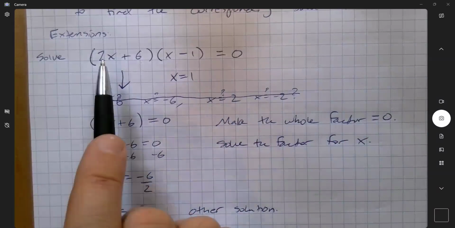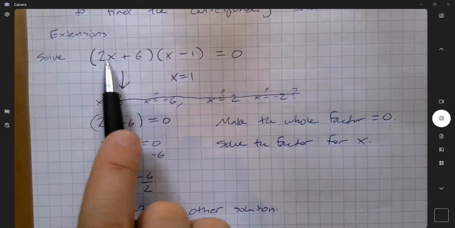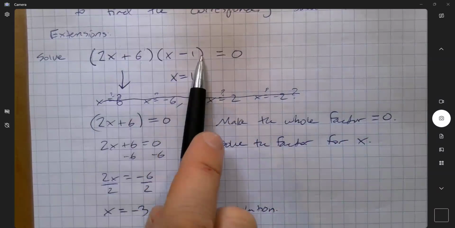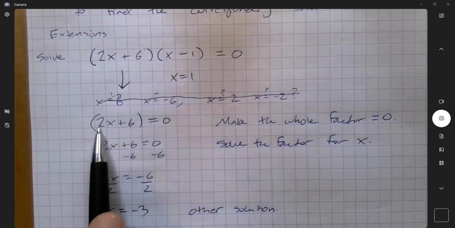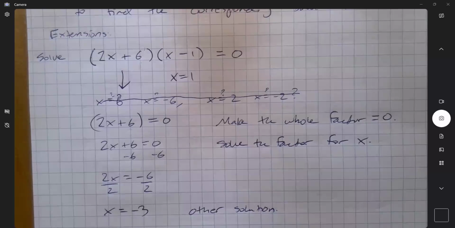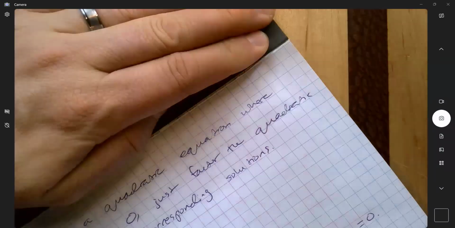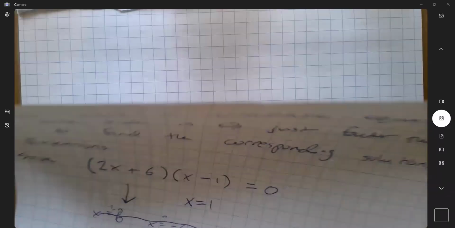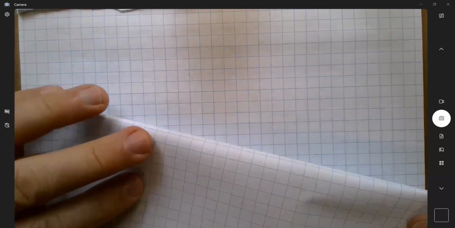So when you're solving a quadratic expression where one of the terms is not a nice simple x plus or x minus, you just solve that specific term for x, which will give you the other solution. That's one of our extensions. And that came when my expression was already factored.